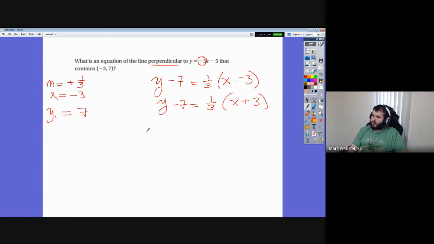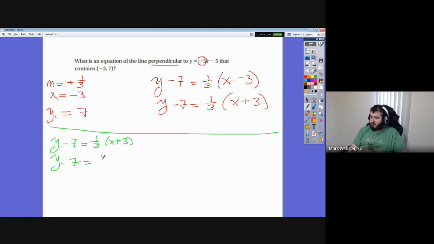Again, if they ask you to do slope intercept form, that's okay, but that's a wholly separate thing that they're specifically asking you to do. If they ask you to go from here and write it in slope intercept form, remember it's just 2 steps. Distribute, and then add the thing over here. And that's it.